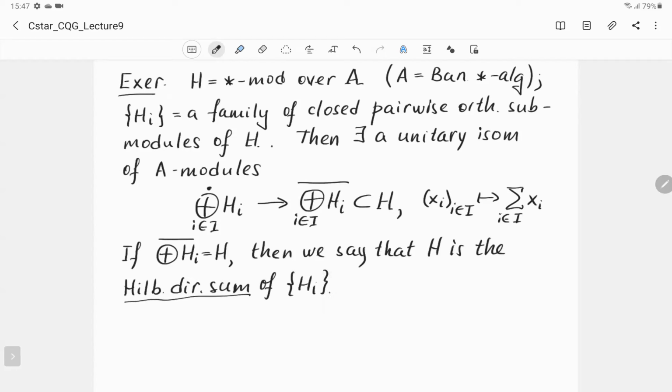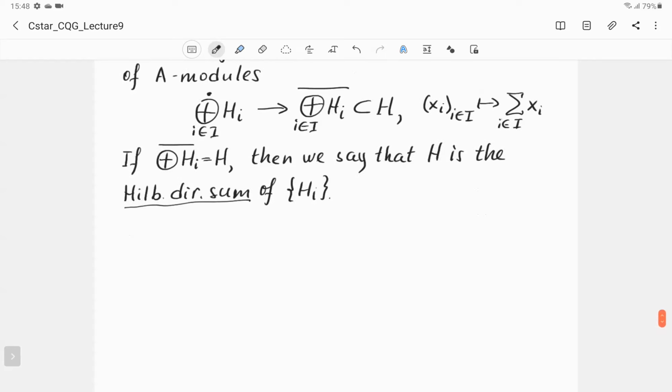Well, formally, it is not the same because the Hilbert direct sum consists of square summable families, but it is canonically isomorphic by the above observation. And so this is a slight abuse of terminology, but we say that H is the Hilbert direct sum of the family HI.